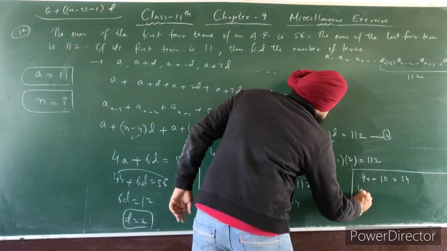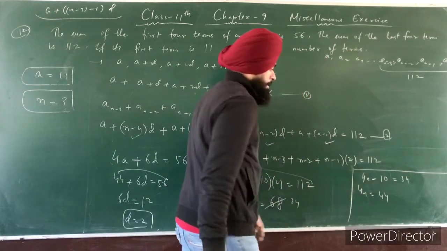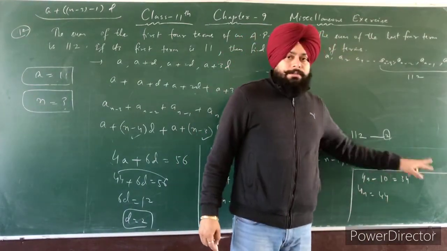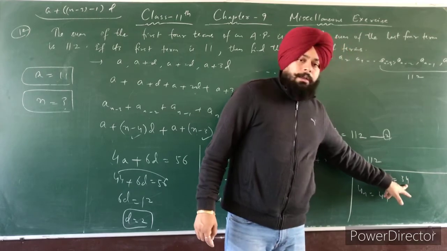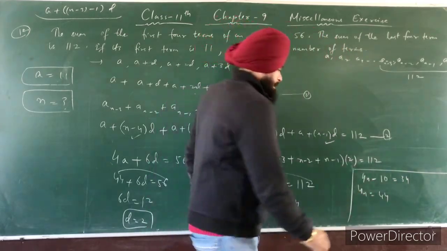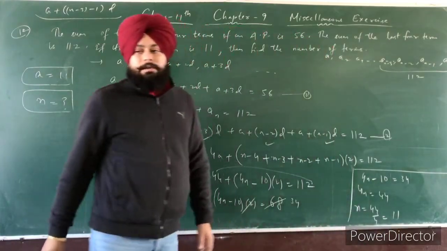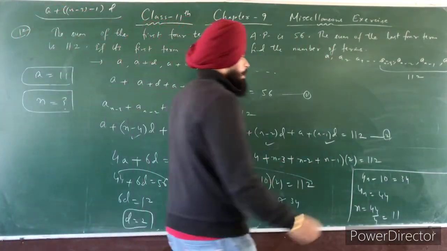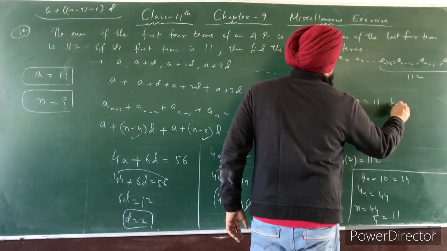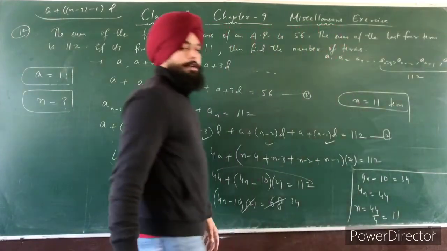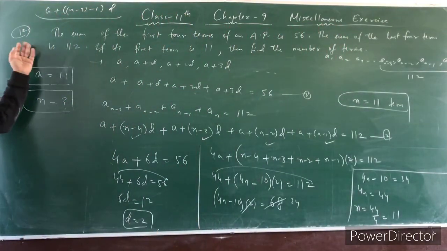Or you write here 4N is equal to 44, because this minus 10 goes on the right side. It is added with 34. 34 plus 10, 44. And N is equal to how much? 44 divided by 4. That is 11. It means there are total how many terms? 11 terms. Please students, this is your question number 12. Thank you.